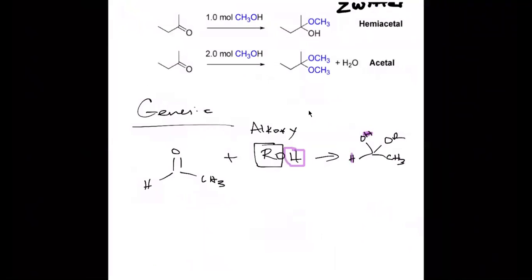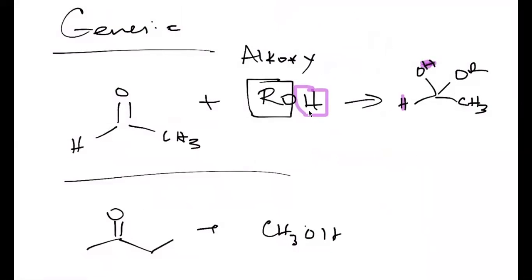So if I look at that first example where I have this ketone, I'm gonna draw that up like that, if that's okay. And I react that with 1 mole of methanol. Keep in mind, anytime I use an alcohol, that oxygen has lone pairs that it can donate.